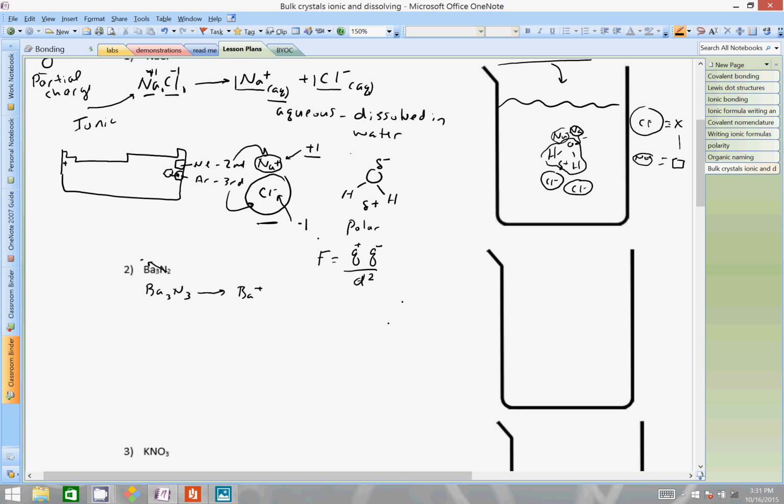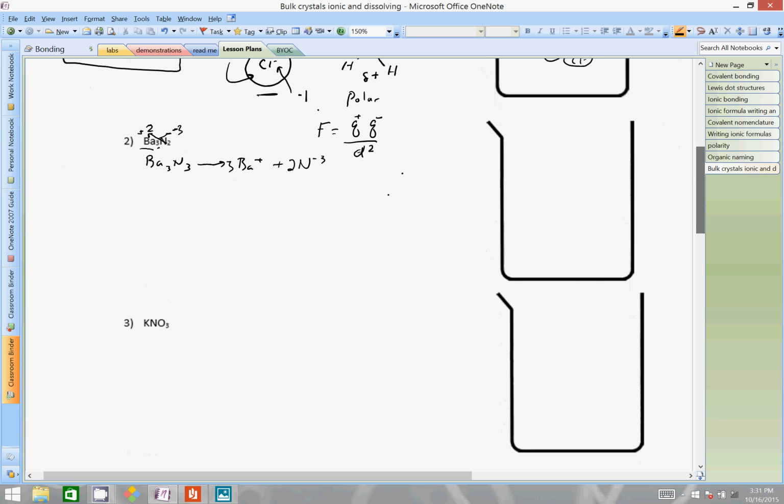You know that this is a plus 2. The plus is always first, and that 3 here is coming from the nitrogen, which is a minus 3 nitride. So plus the nitrogen minus 3, and of course there are 3 of my bariums and 2 of my nitrogens. I'll let you continue that one on your own.